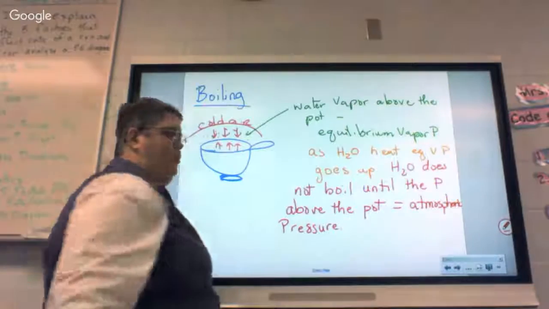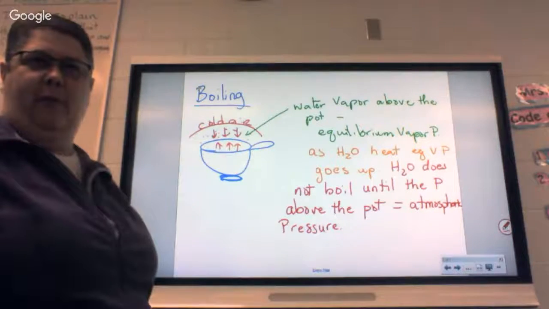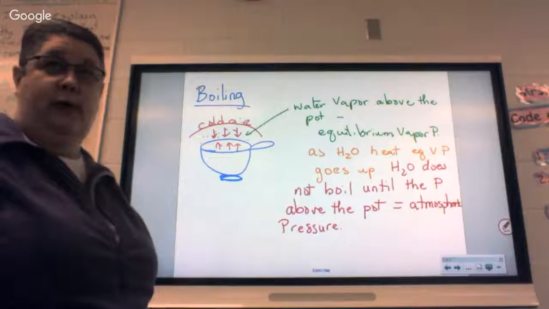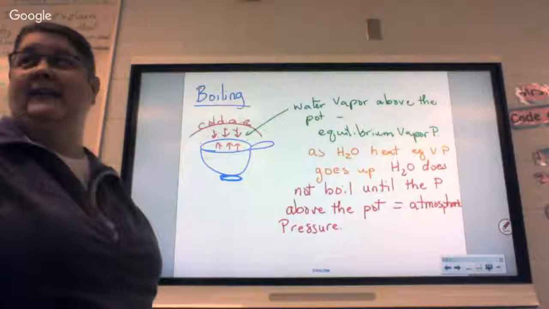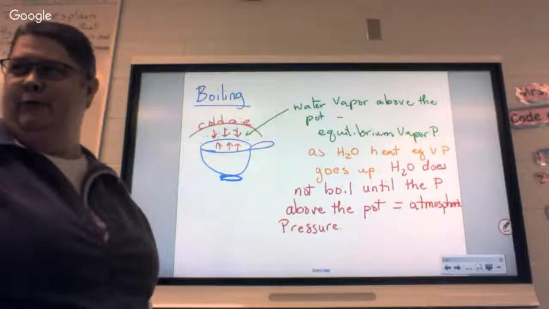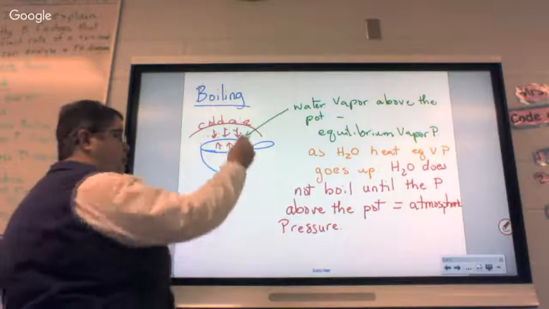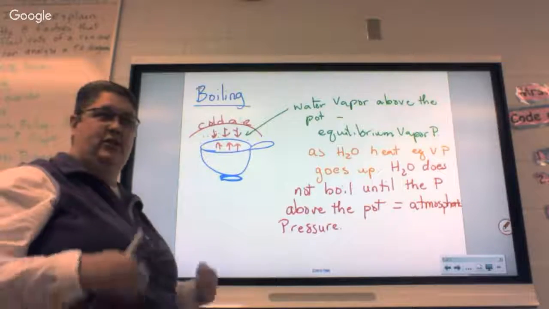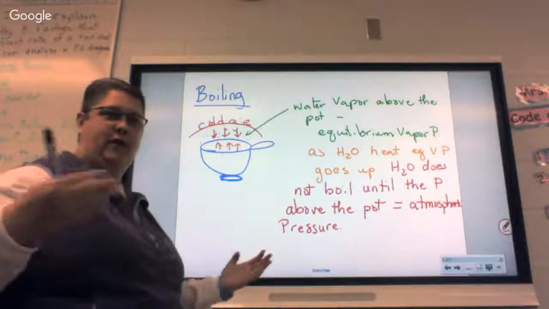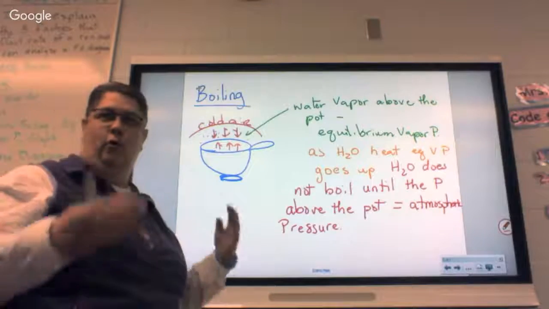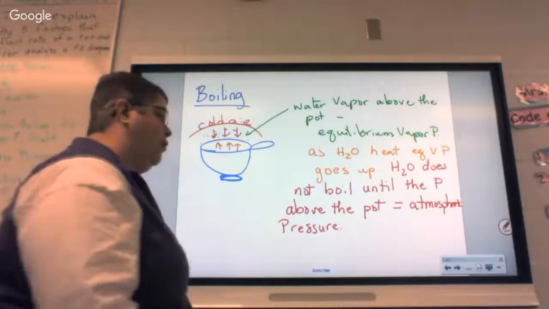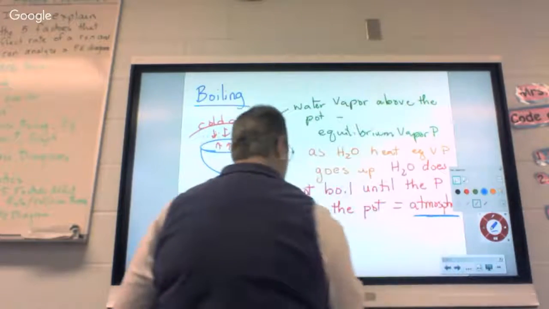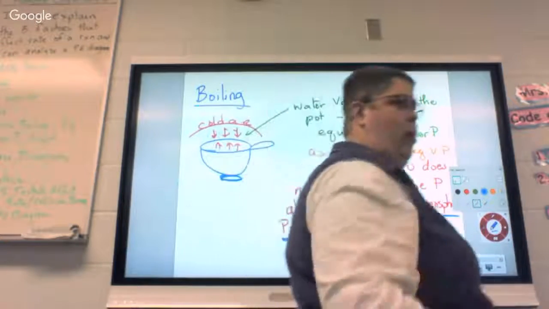I know. I'm reviewing it because every year I go over it, and every year people come back the next day, and I ask when water boils, and you go, I don't know. Just like today. I don't know. Okay? So this pressure continues to go up. As the stove heats the water, the pressure above the pot goes up. When that pressure equals what magic number? Atmospheric pressure, the water will boil.